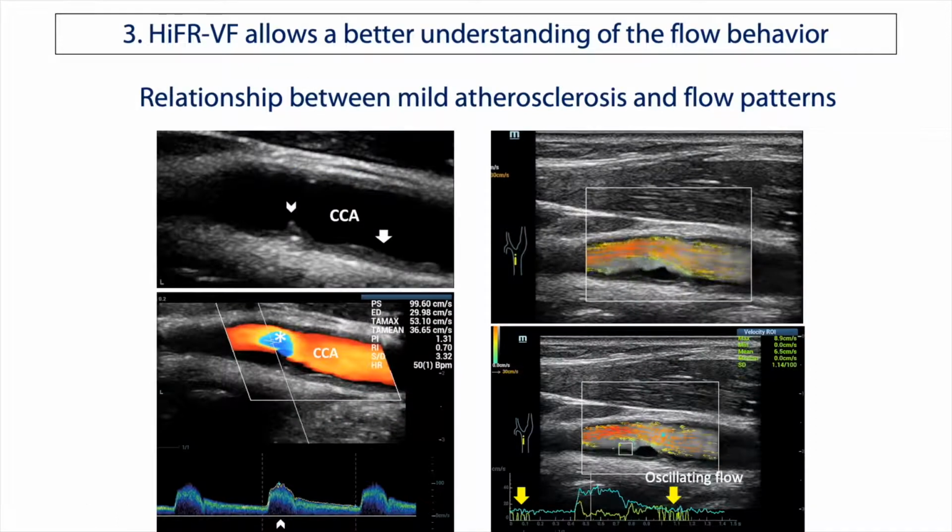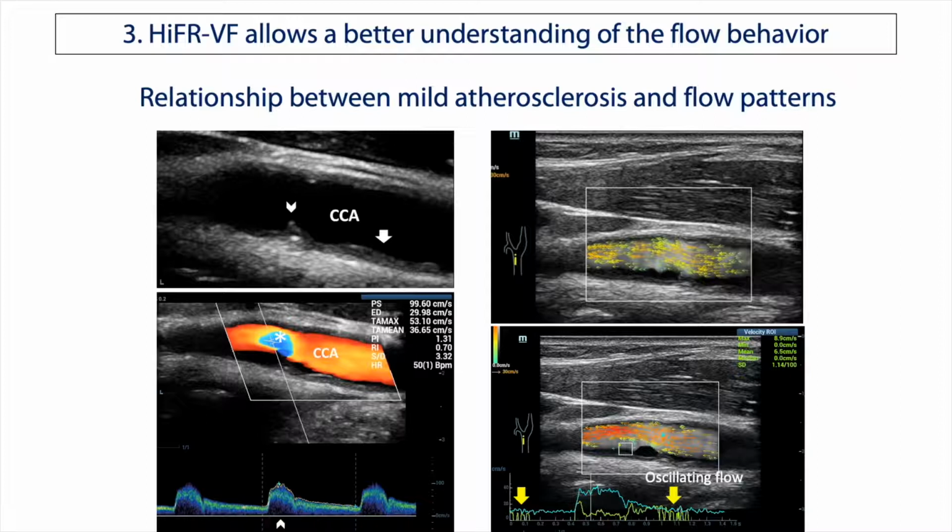Let's consider now the role of vector flow in the presence of a low-degree stenosis, in which the increase of velocity is not relevant and the role of a conventional ultrasound Doppler technique is less evident. Generally speaking, V-flow allows better understanding of the streamline's progression and vorticity formation and depicts the hemodynamic influence of some plaques which would otherwise be considered not significant.